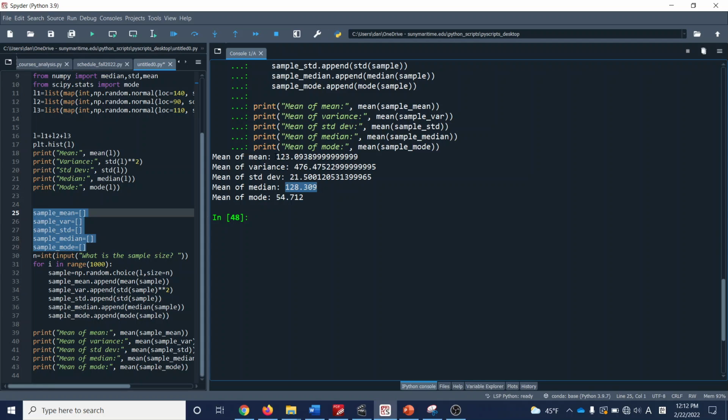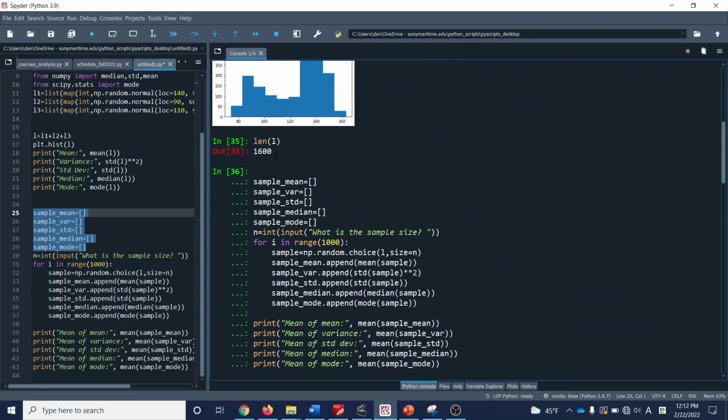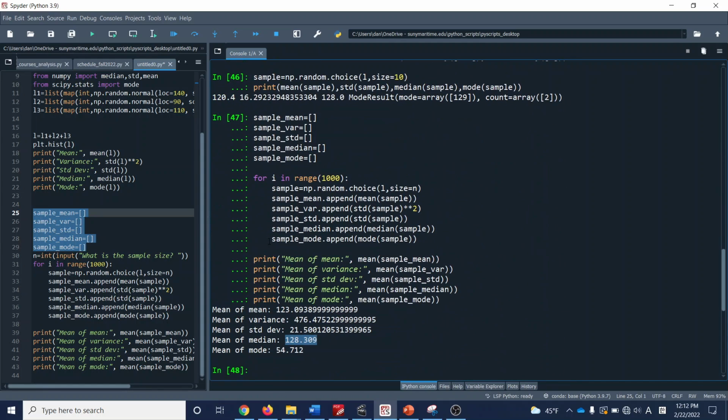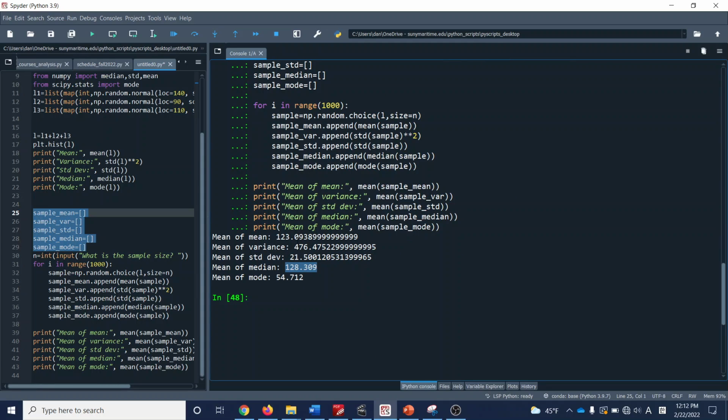On the other hand, look at the mean, 123.05 and 123.09. I think that's a really good result, right? So you see that if you repeat the sample 1,000 times, you end up with the mean of means being a pretty good representation of the mean of the population.